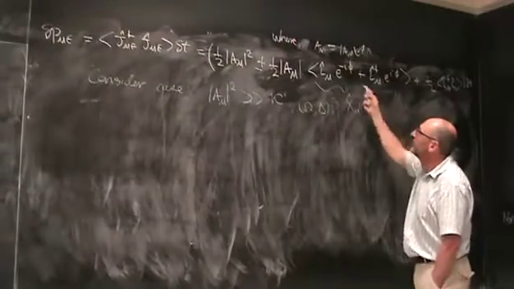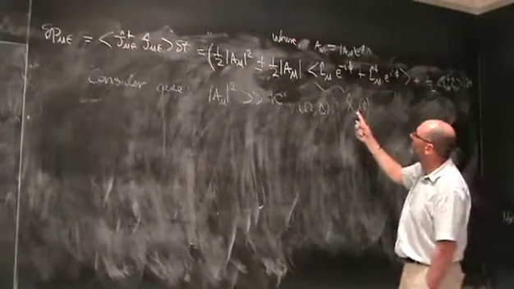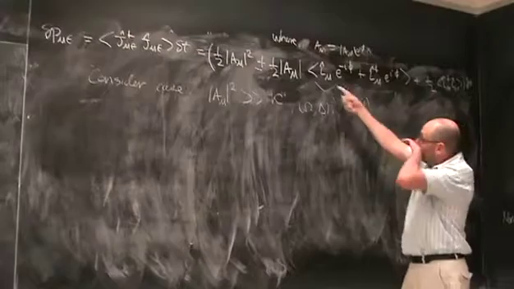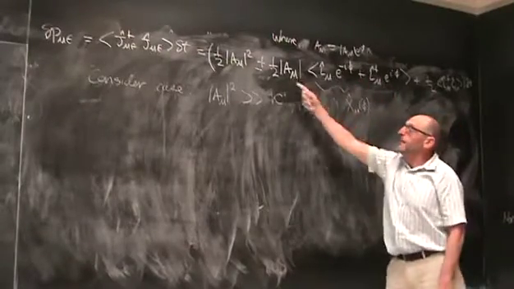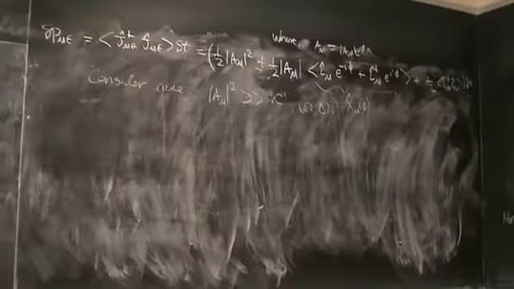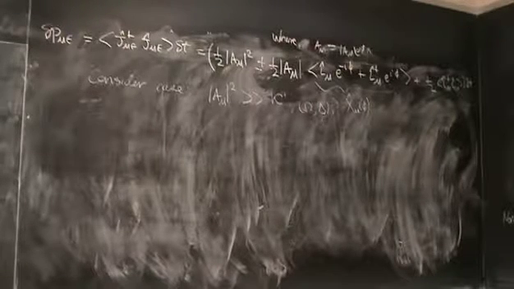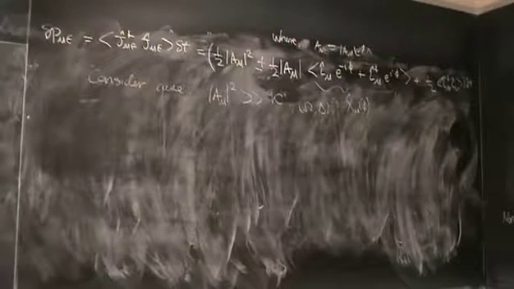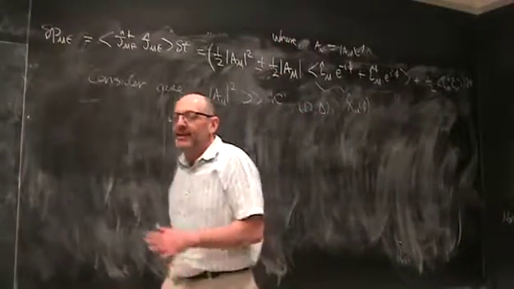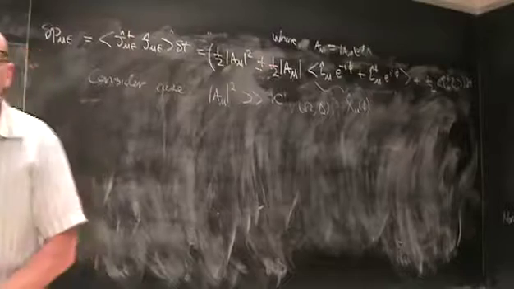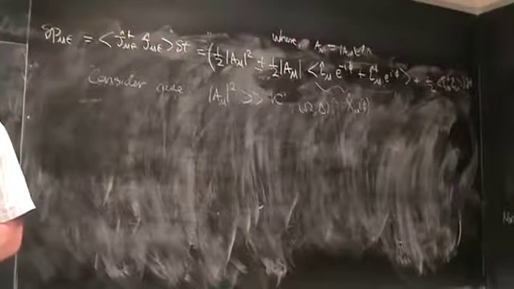But then I have this term, which is the interference between the quadrature of the system beaten with the local oscillator.